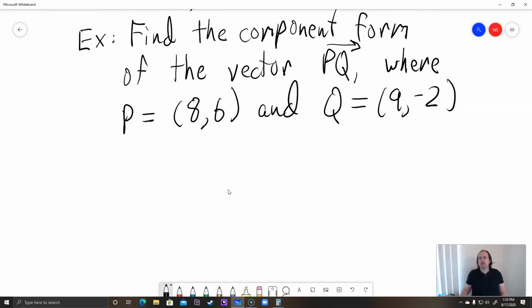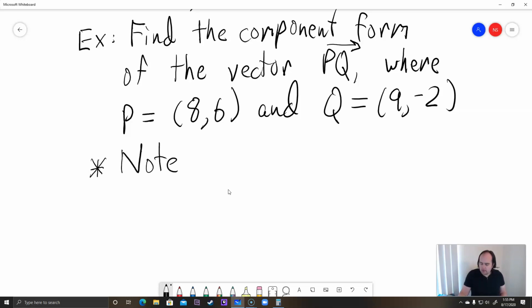So when we were finding the length, we subtracted and then we squared each component. Here, it's actually easier. All we do is subtract each component. So how do you do this? You just have to know something.